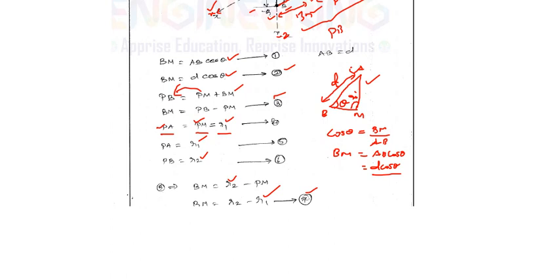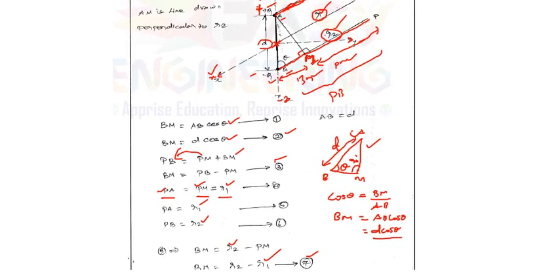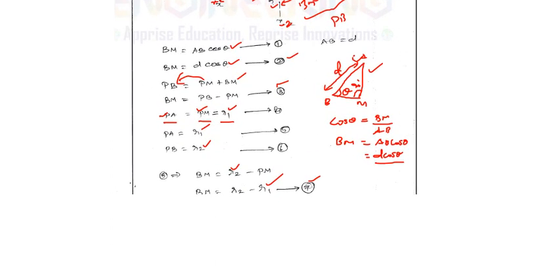Now equation 3 becomes BM is equal to R2 minus PM, and PM is equal to AP, which is R1. So BM is equal to R2 minus R1. Here we come up with equation number 7.